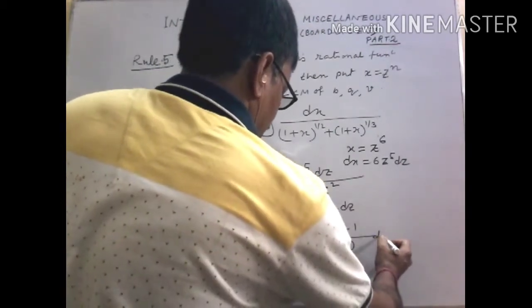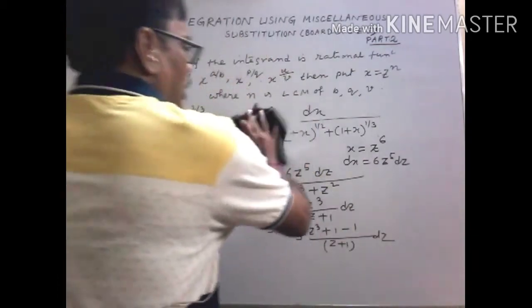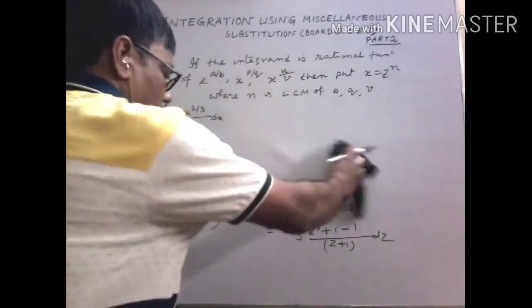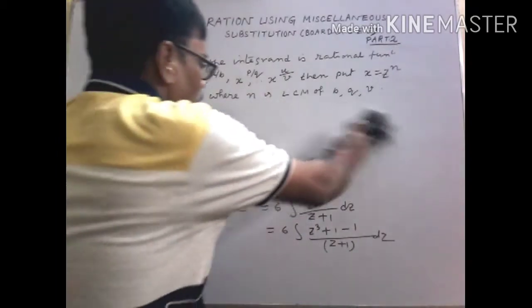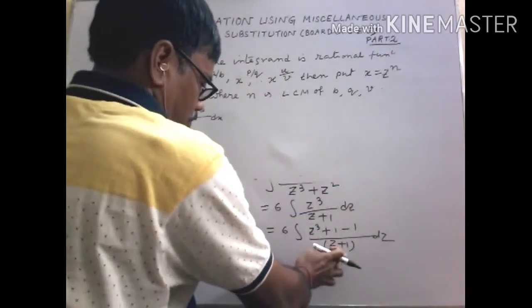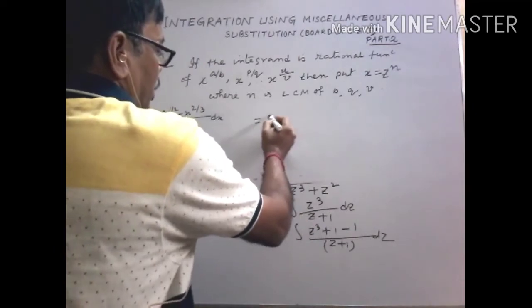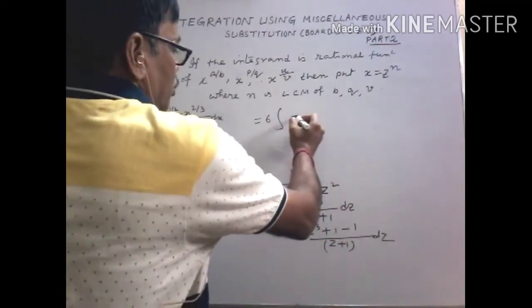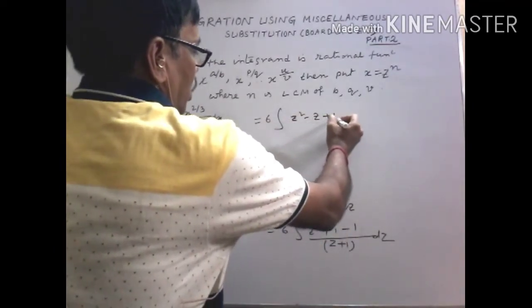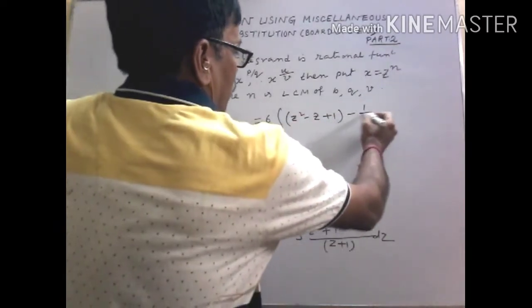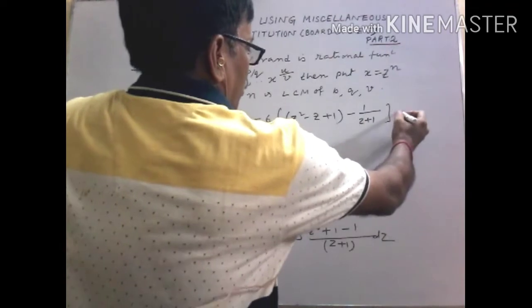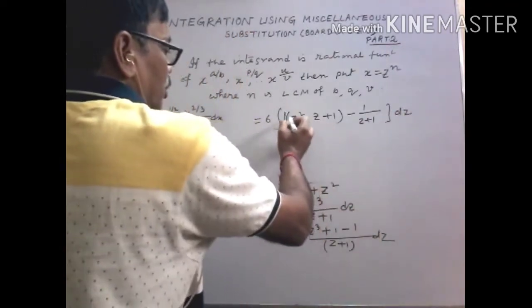So finally, z cube plus 1 by z plus 1, 6 into the integration of z square minus z plus 1. This is the quotient if you divide, minus 1 by z plus 1, total z.